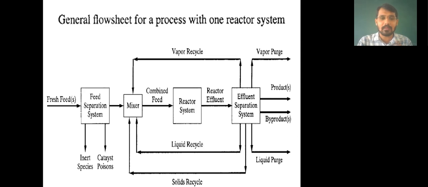What is the meaning of poison? It reduces the rate of reaction. Means we are removing poison material as well as inert material from the reactant mixture in the feed separation system. And after that, in the effluent separation system, we are purifying the product which we are getting from the reactor system. Means this is the main function of the feed separation system and the effluent separation system.